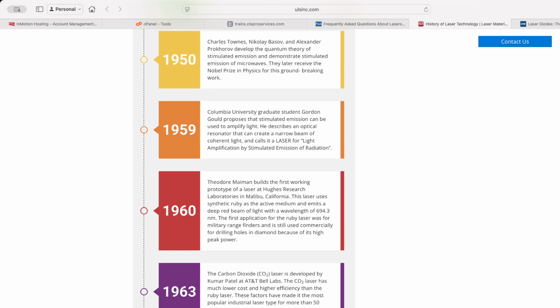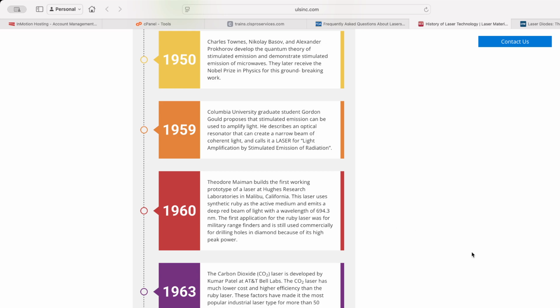Theodore Maiman at Hughes Research Lab. So Hughes was a big company. Howard Hughes had done airplanes and things, and he had a lot of different companies. One of the companies here was a research lab, and they were able to use synthetic ruby to create an actual laser.